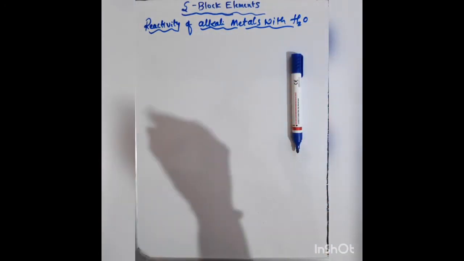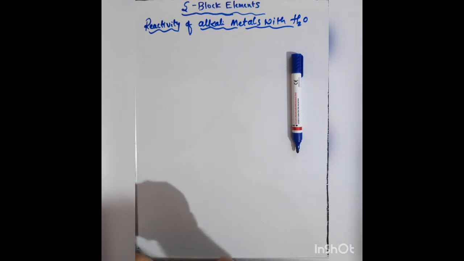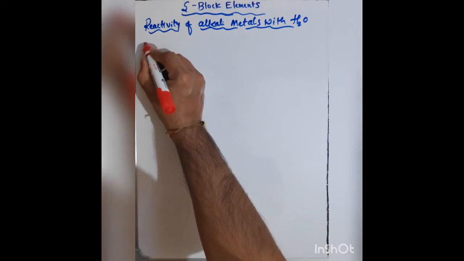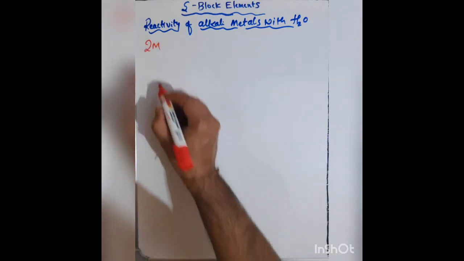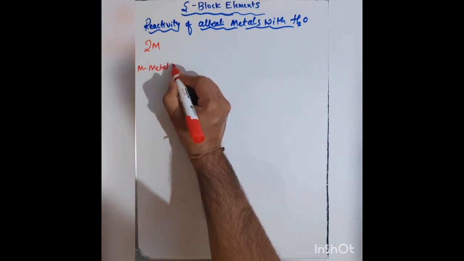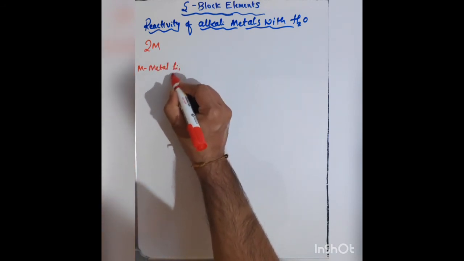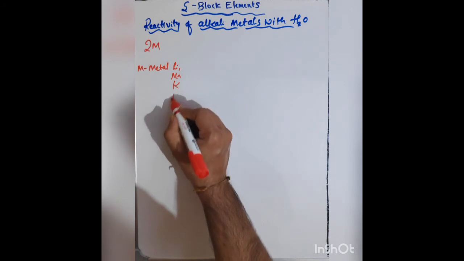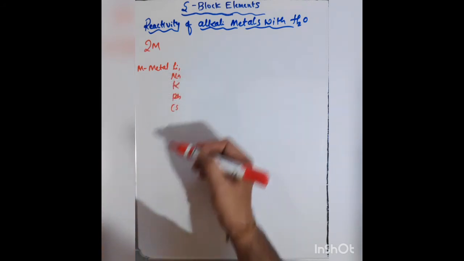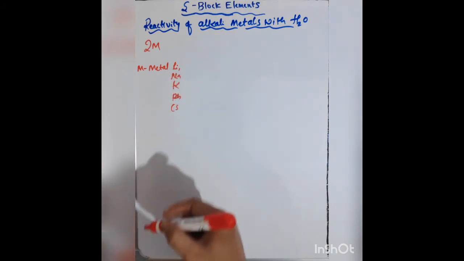Generally, first I will take 2M, where M stands for metal, that may be lithium, sodium, potassium, rubidium, or cesium. It can be any one among the alkali metals.